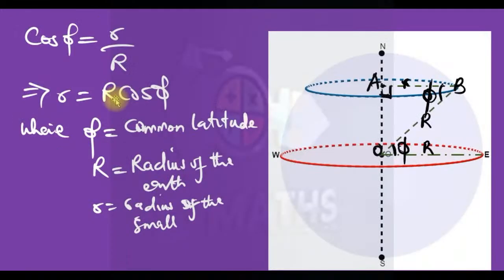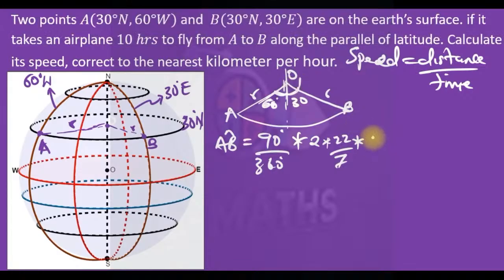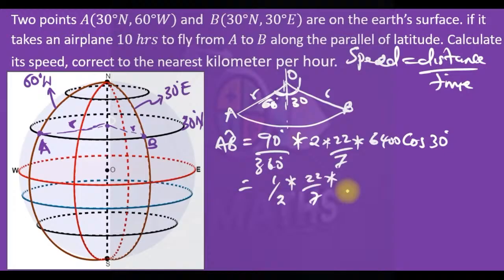The radius of the Earth is 6,400, always remember that. Cos phi, where phi is 30 degrees. 90 over 360 is 1 over 4, and 2 times 22 over 7 gives a half times 22 over 7 times 6,400, times cos 30, which is root 3 over 2.